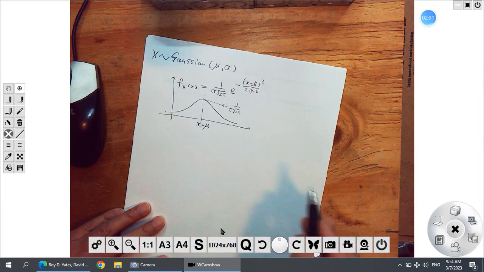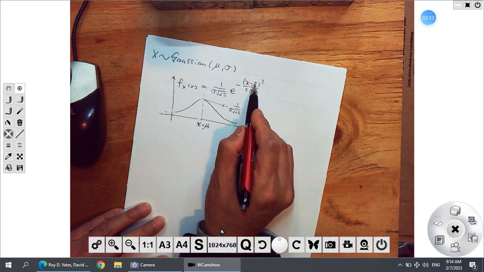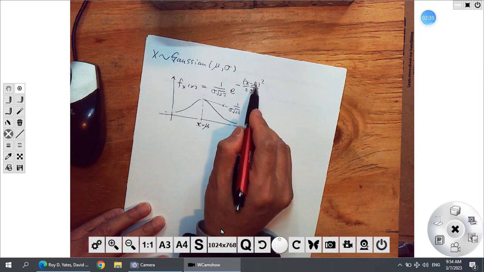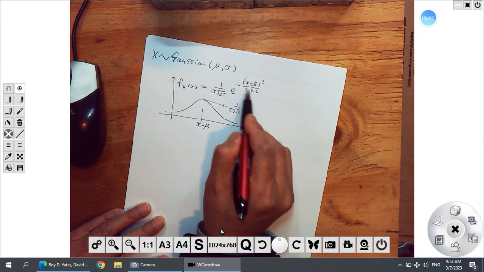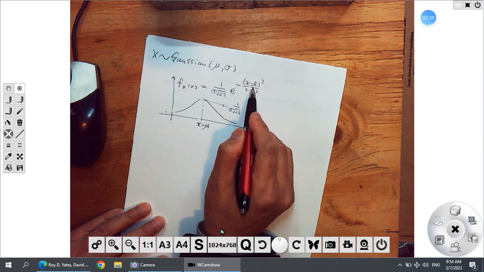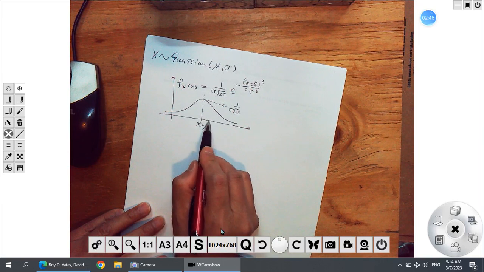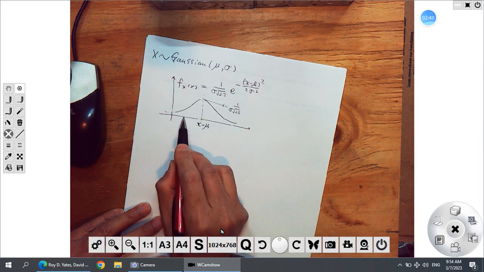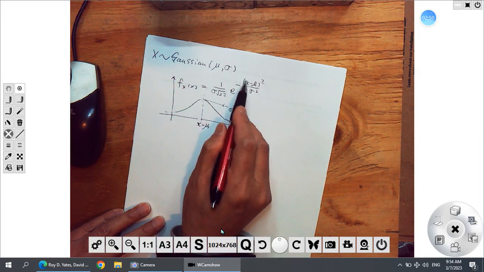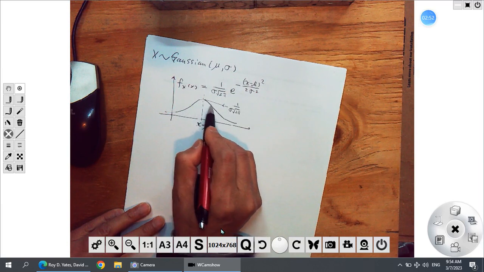Right. If x is not mu, this is not 0. So you have e to the negative something, so it will be a value smaller than 1. You see, when x is larger than or smaller than mu, this part is smaller, so it turns to be smaller and smaller.